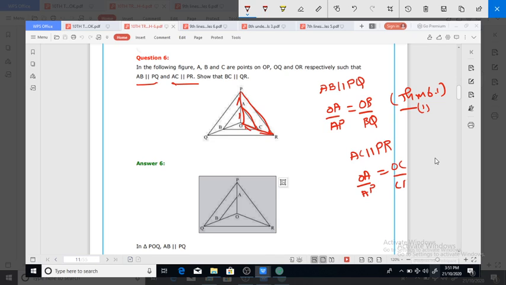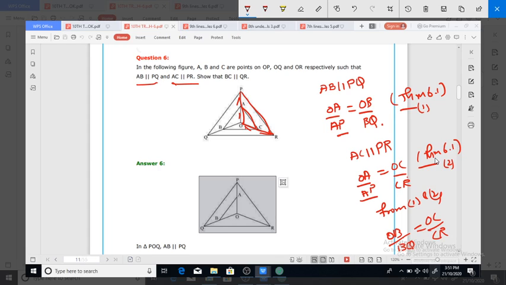This is two, theorem 6.1. So LHS equal, RHS are equal. So from 1 and 2, OB by BQ is equal to OC by CR.